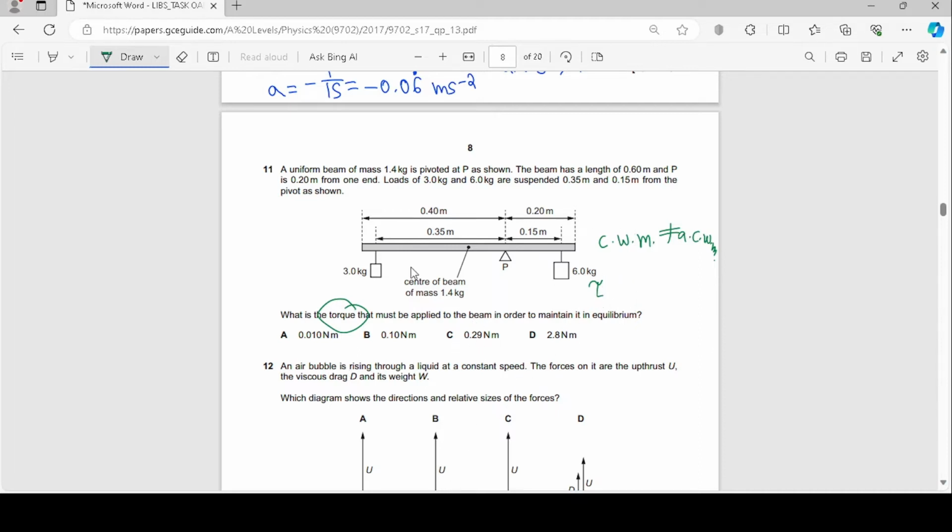So what we need to do is find the clockwise moment, then the anti-clockwise moment, then find the difference in magnitude between them to determine how much torque we need to apply. We know that moment is equal to the force applied times the perpendicular distance. That's my very beautiful perpendicular symbol, but perhaps you can be a bit more neat than me.